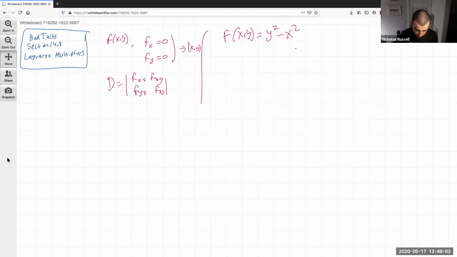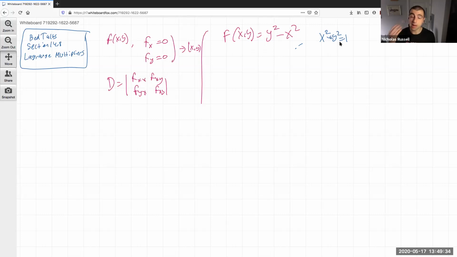And so you might see a problem like this, where I have to add this constraint right here, where I want to find the extreme values of this function on this curve, or with this constraint, where x and y have to satisfy x squared plus y squared equal to 1. It has to be on that circle. And this now will allow me, in a really interesting way, to maybe find an extreme value.